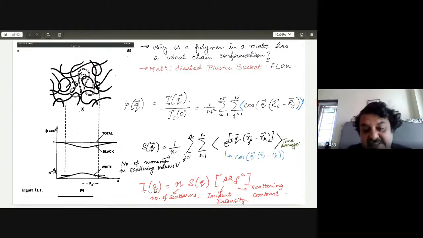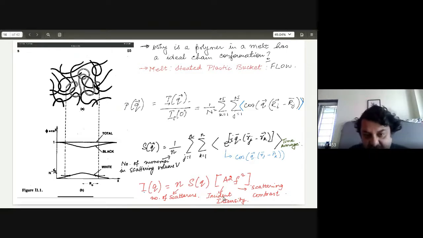And intensity at any q can be written as the number of scatterers times S of q times some factors which depend upon the scattering contrast, whether you use light, neutron source, or X-ray, and the incident intensity.